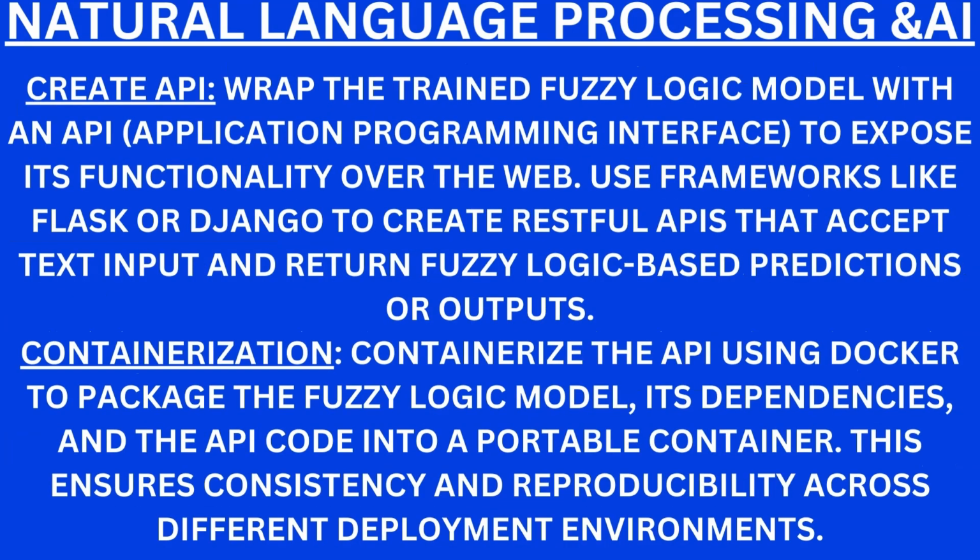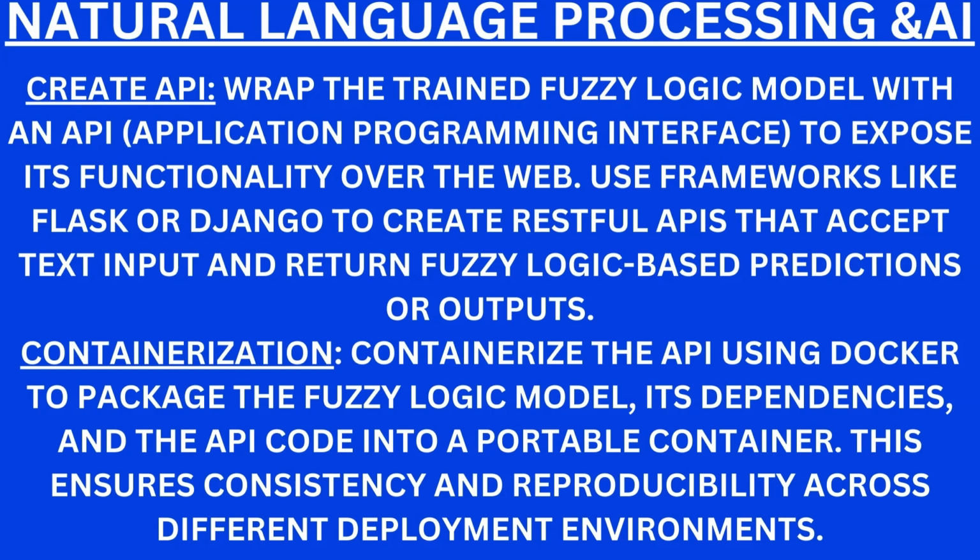Wrap the trained fuzzy logic model with an API, application programming interface, to expose its functionality over the web. Use frameworks like Flask or Django to create RESTful APIs that accept text input and return fuzzy logic based predictions or outputs.